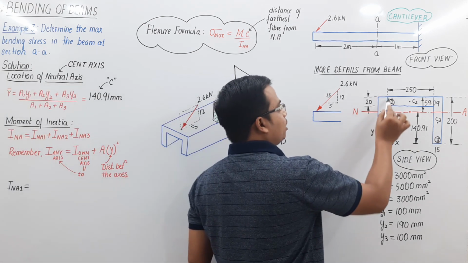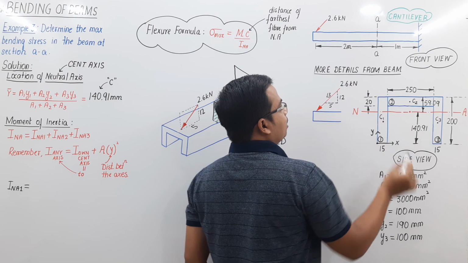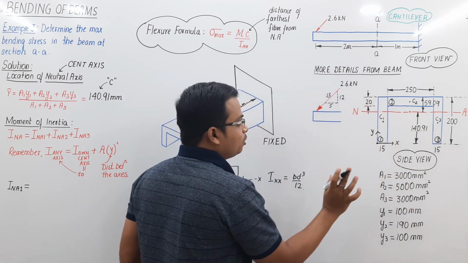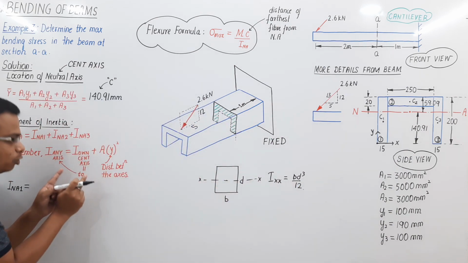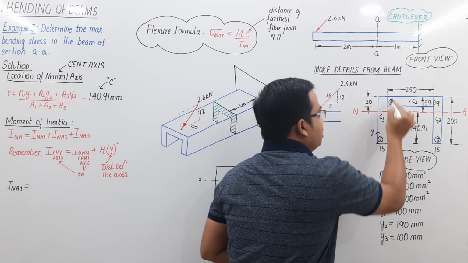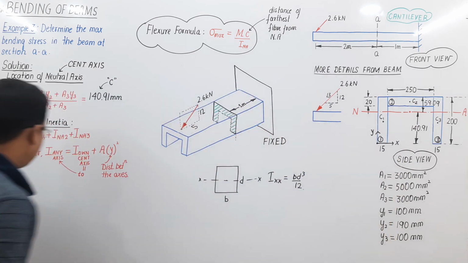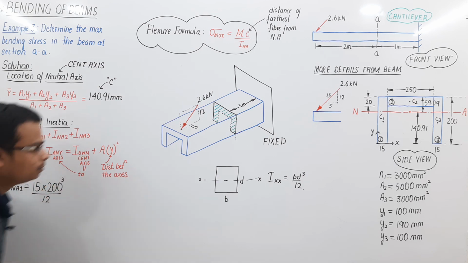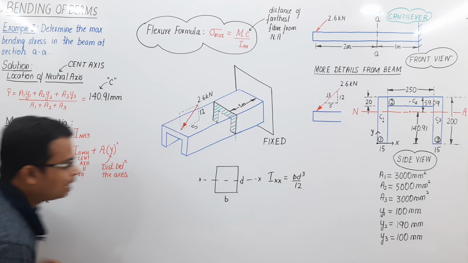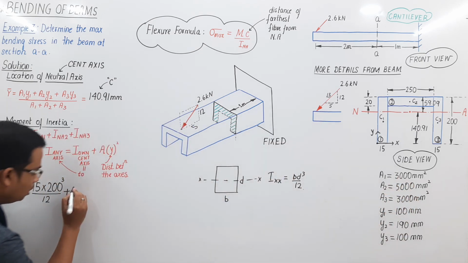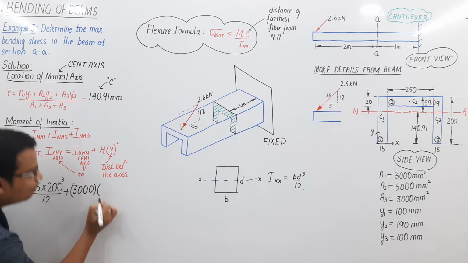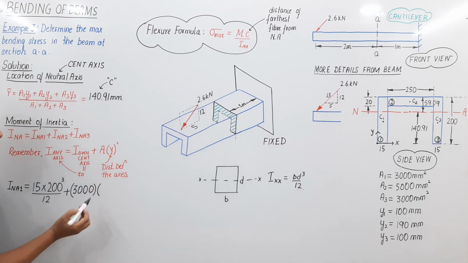We are talking about rectangle 1, whose own centroidal axis is at C1. With respect to that axis, its moment of inertia is B D cube by 12, that is 15 into 200 cube divided by 12, plus the area of rectangle 1, that is 3000, multiplied by what?